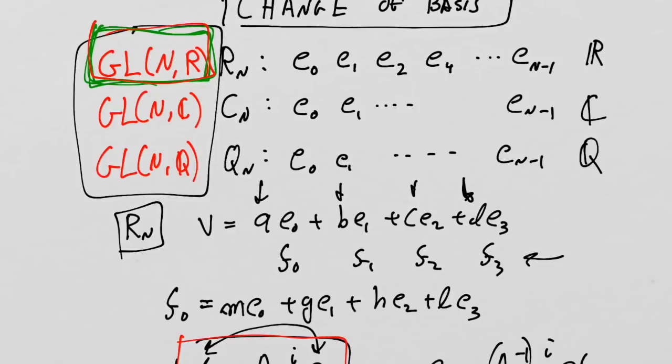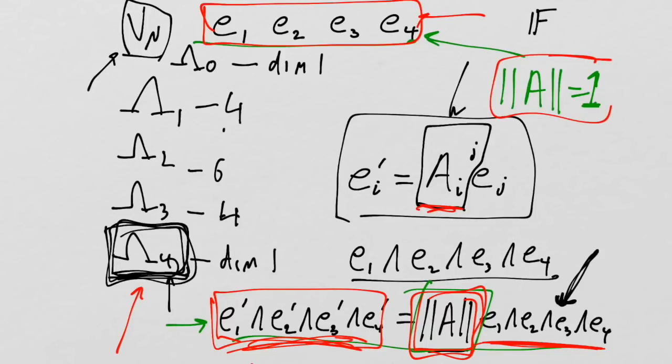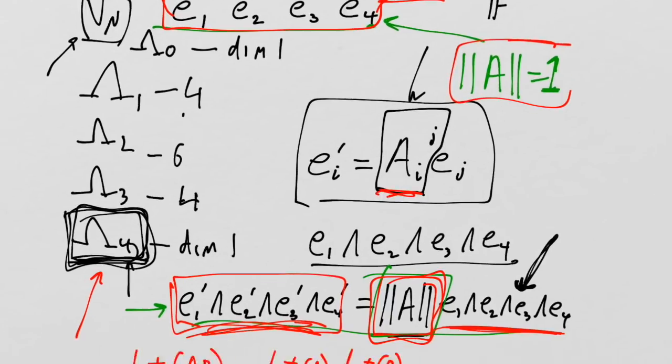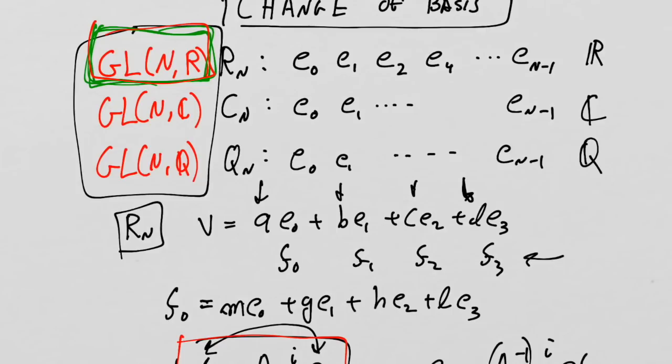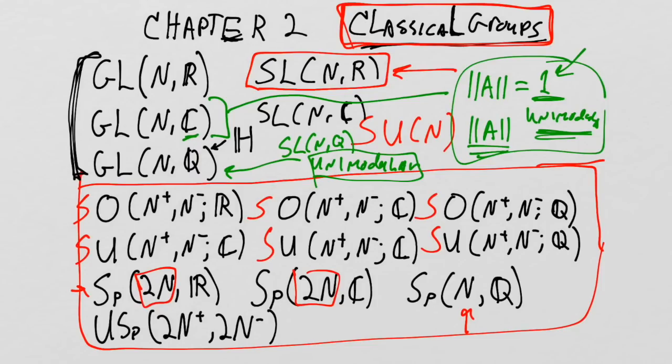But anyway, that's an example of how these classical groups are structured. We start with a demand, and that demand in this case was that the volume form doesn't change under the transformation. And then we go back here and we say, well, what subset of these general linear groups does that? In this case, it's the special linear group.